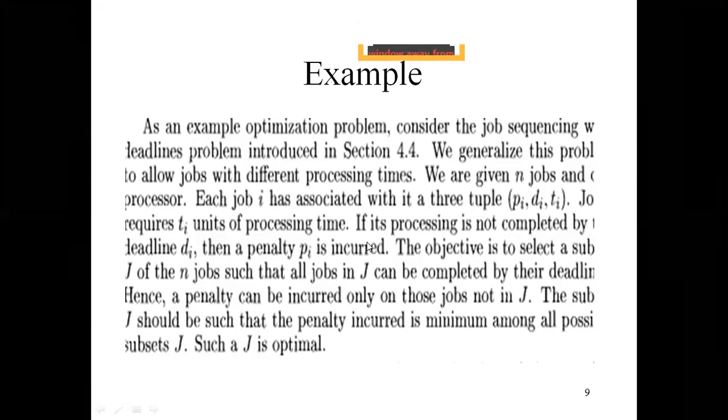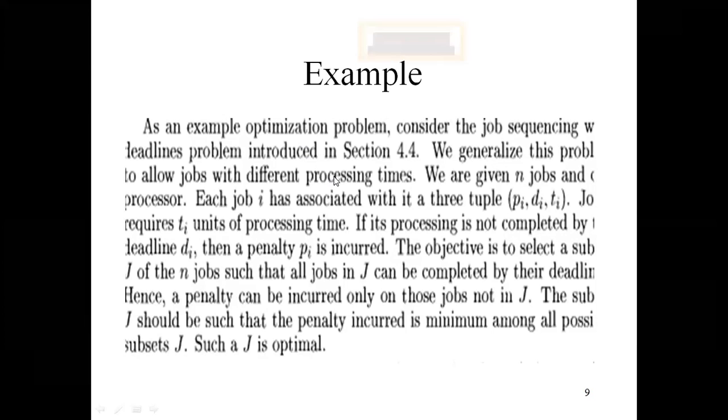Okay, dear students, we have the optimization problem. This optimization problem, job sequencing with deadlines, is a maximization problem. That is, we need to consider the maximum profit. But in the case of the branch and bound technique, this uses the minimization case, minimizing the objective function.